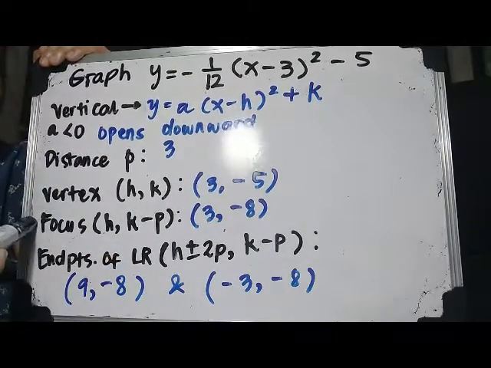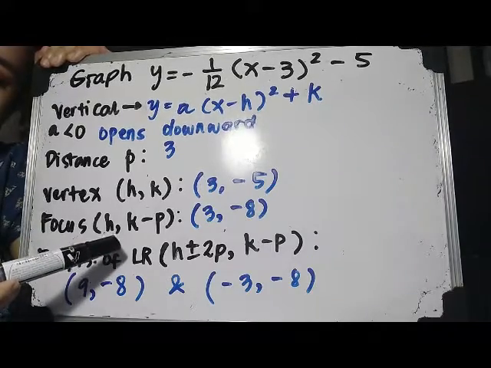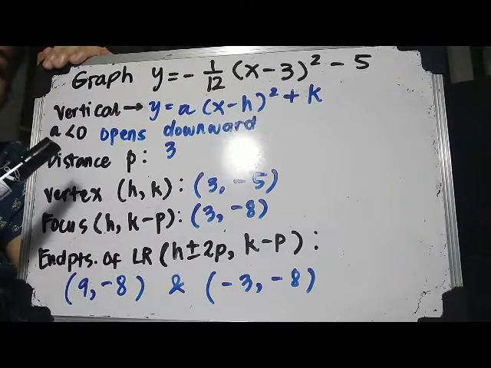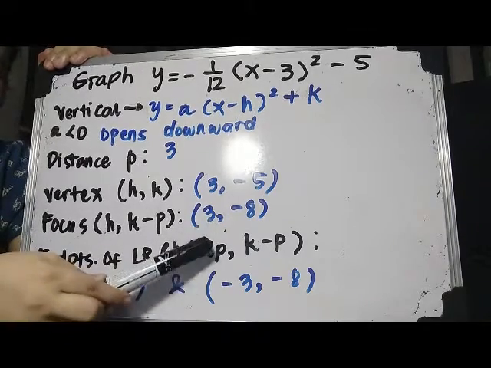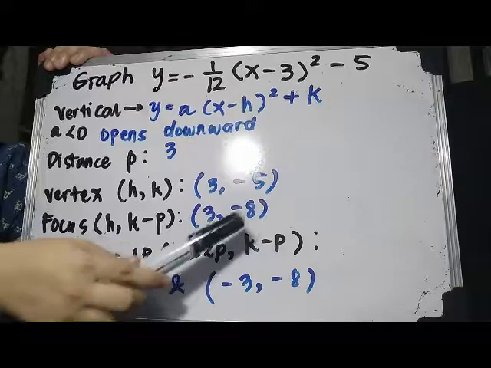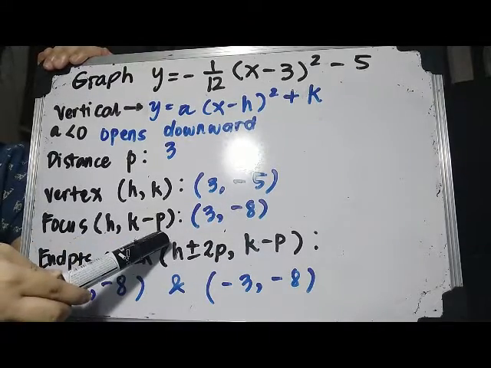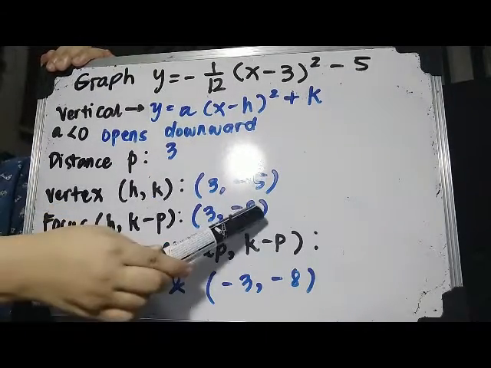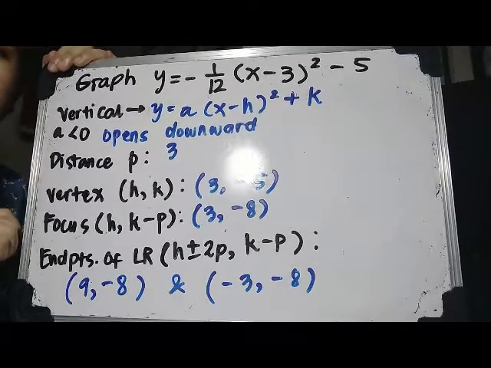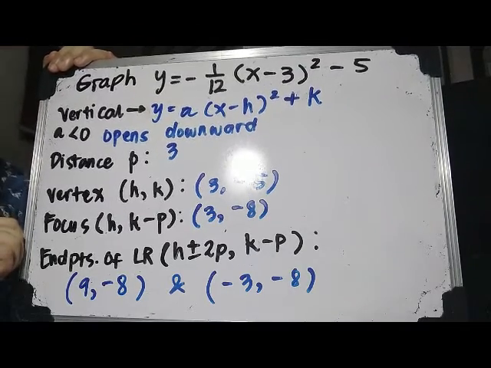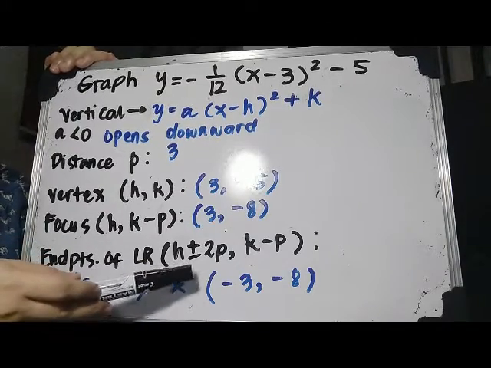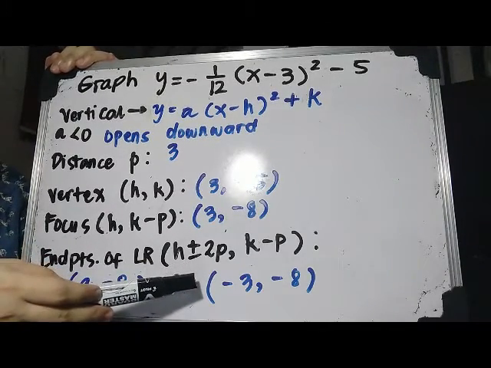Now for the focus, our formula is (h, k minus p), knowing that the parabola is opening downward. So copy the h, that is 3, and our k is negative 5, minus p, so negative 5 minus 3 is negative 8. So our focus is (3, negative 8). For the endpoints of the latus rectum, the formula that we're going to use is (h plus or minus 2p, k minus p).